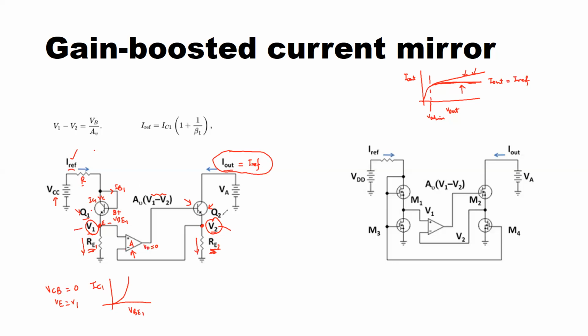It means they are the same type of transistors and they are operating in the active mode of operation. It means they are operating with a constant current across the active mode of operation. Okay, so now we also assume that the voltage at the collector pin of this transistor is the same as the collector pin of the transistor Q2. So the voltages at the collectors of each transistor are also the same.